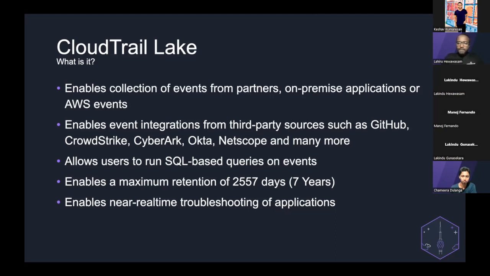So if you have 3 or 4 data sources coming in, you are able to use the join function within SQL and then join 3 or 4 log sources or data sources and then query them all together. So this is the power that's behind CloudTrail Lake.